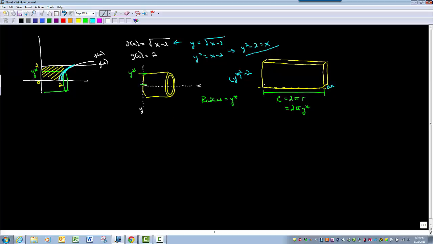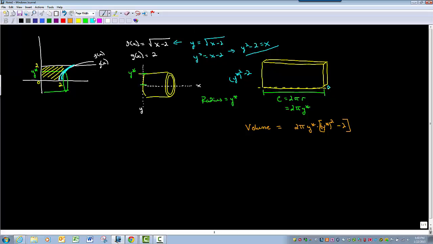Well, to find the volume of just this one guy, it's equal to 2 times pi times y star, the base, times the height, y star squared minus 2, and then times, whoops, I said delta x. It's not delta x. It's delta y.